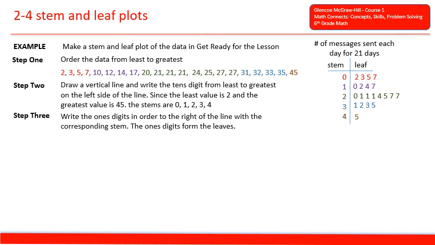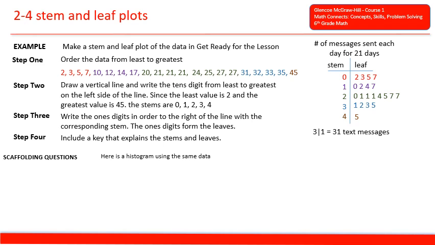Under the 4s, we only have one number, which is 45. Step 4, include a key that explains the stems and leaves. If we look at the stem of 3 and the leaf of 1, 3 | 1 equals 31 text messages.